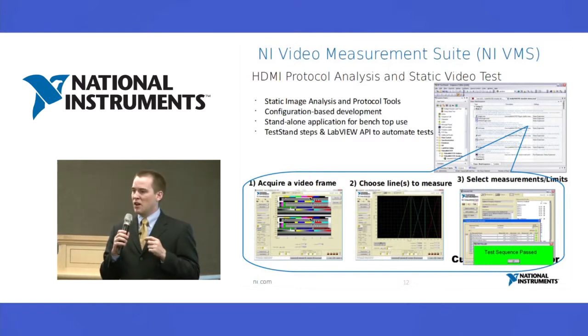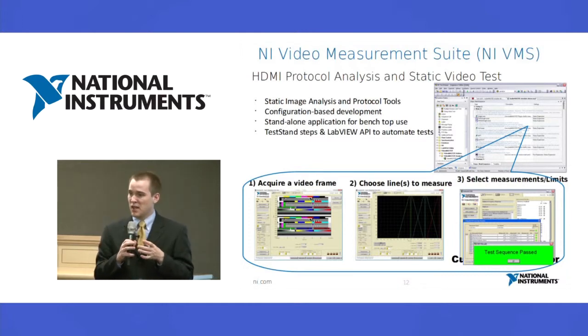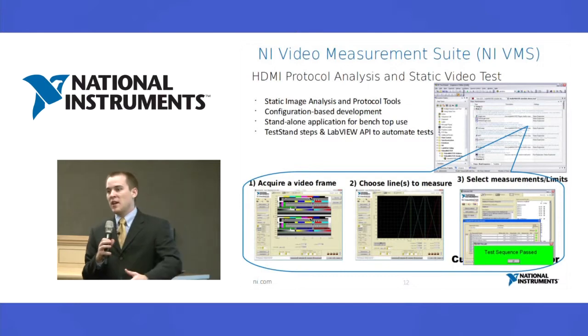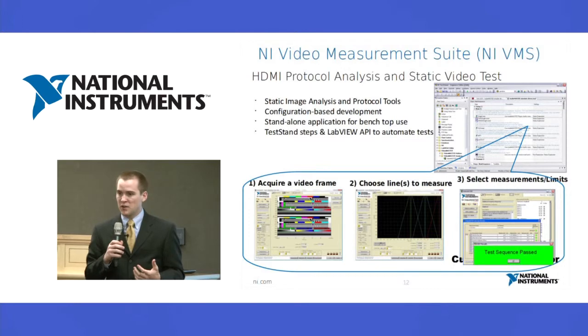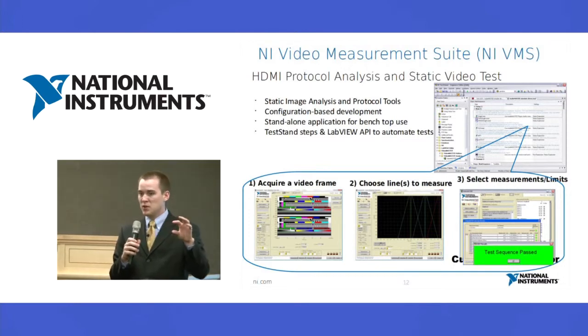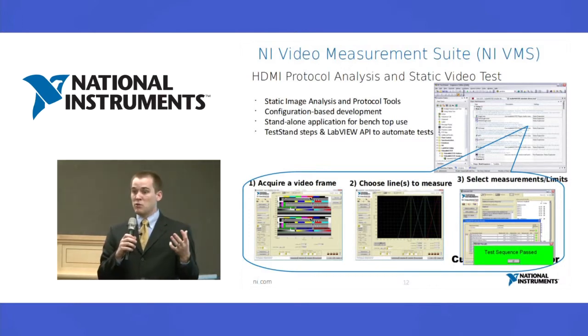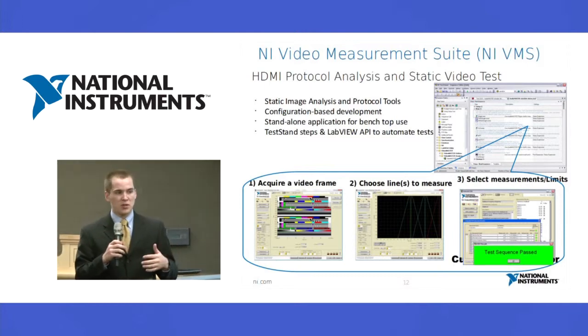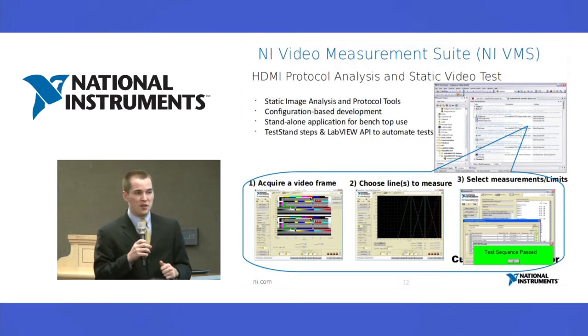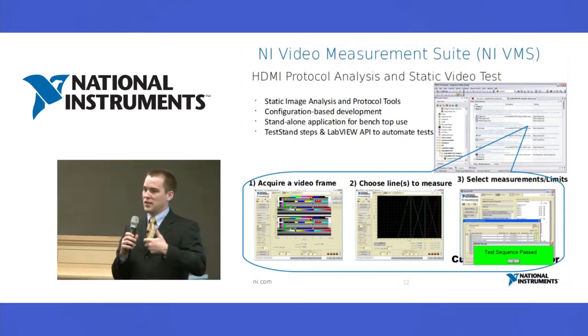They end up spending a large amount of their time and budget on building the tool rather than the test system that they want. So we made Test Stand, which is sequencing software that allows you to quickly drop down steps, sequence them, and generate reports. Once it executes, you'll be able to generate these reports and put them into a database, things like that. So this is the sequencing engine that's out there for National Instruments gear.